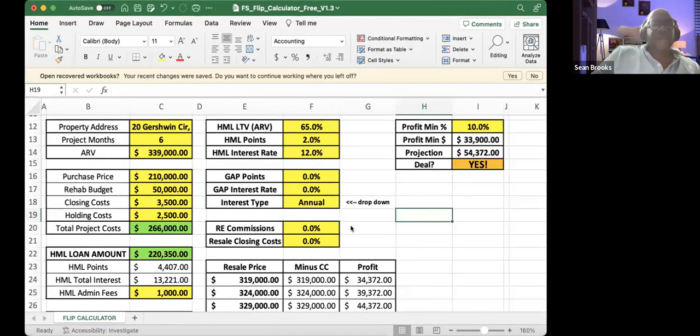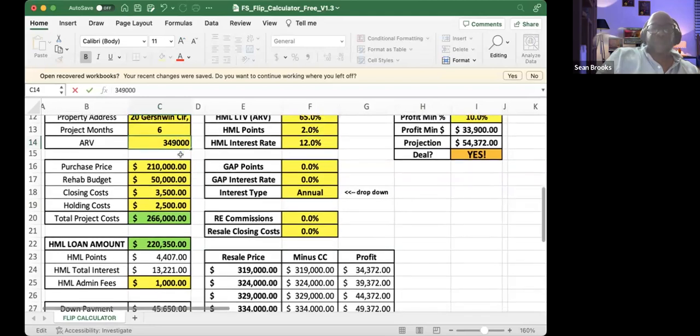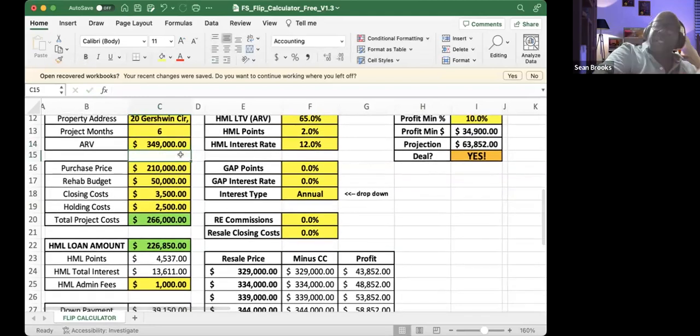All right, so here's the property address that we're going to use. We're going to say this takes 6 months for the project. Let's change this number to 349. I already did the research and did the CMA on the property, so I know what it can be resold for.